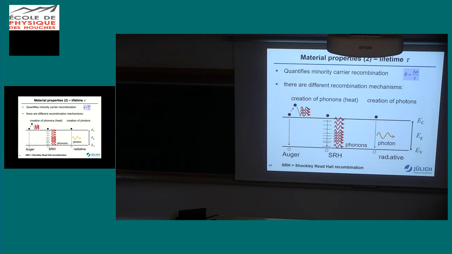We have discussed the radiative recombination already. That's not avoidable, so that's, say, the reference. The question is whether these two other guys can compete with this radiative lifetime or radiative recombination rate.